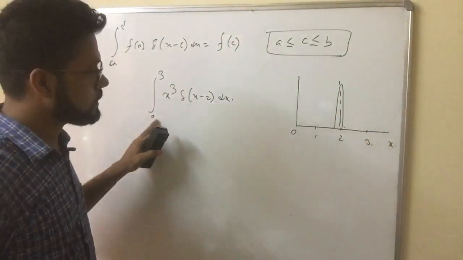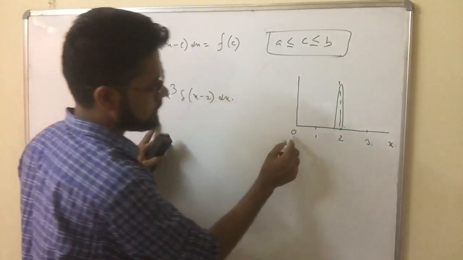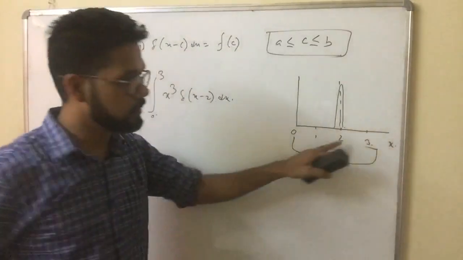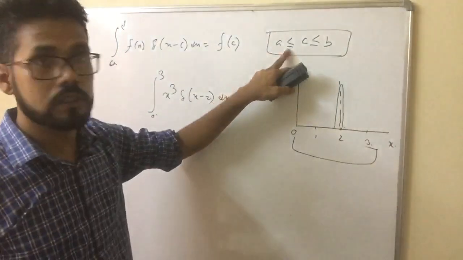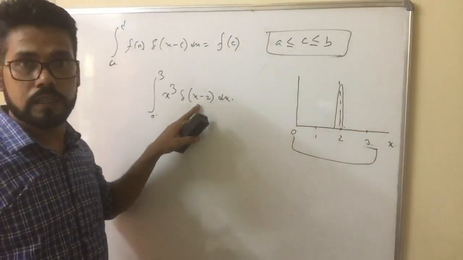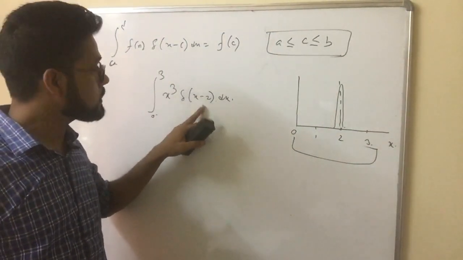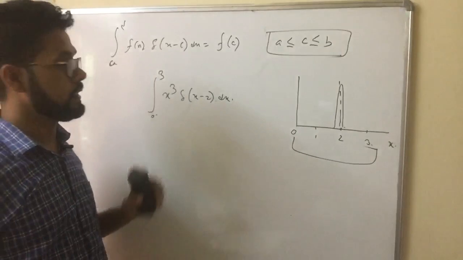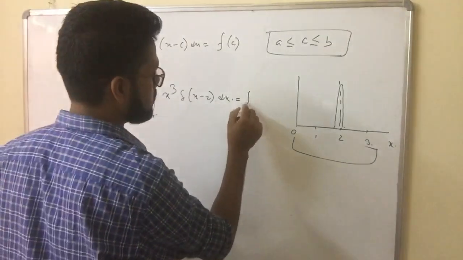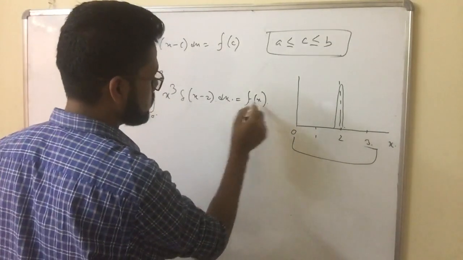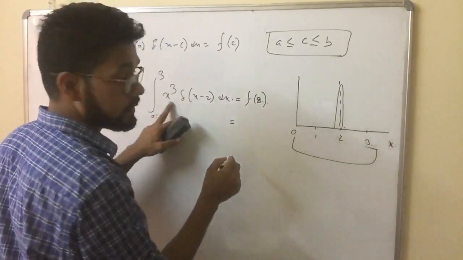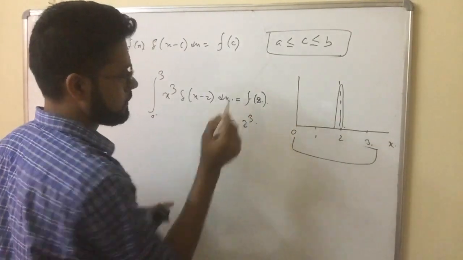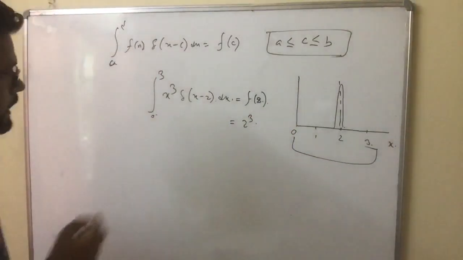Does 2 fall in this range? 2 falls within this range according to this condition. The limiting value x equal to 2 must fall within 0 and t. Then you can put this value in f of x. f of 2 means, f is x cube, so the answer is 2 cube. Clear?